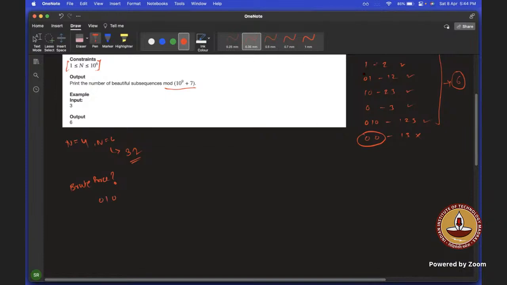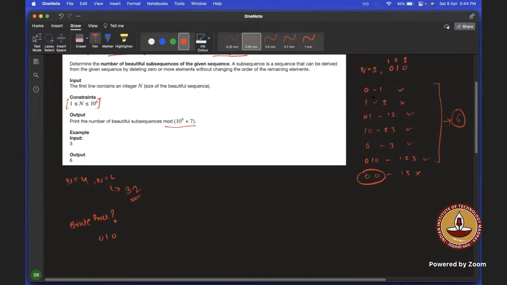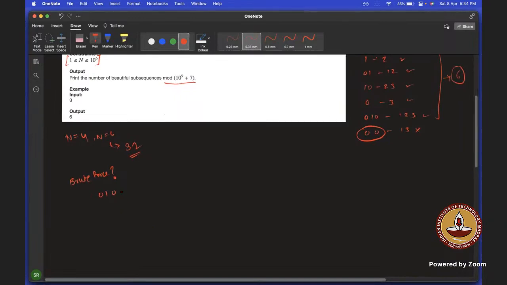Just like I did here, I found all possible subsequences for the given sequence, and then I check if each is beautiful or not. You can check the condition for each one. So in that way, you can do it.